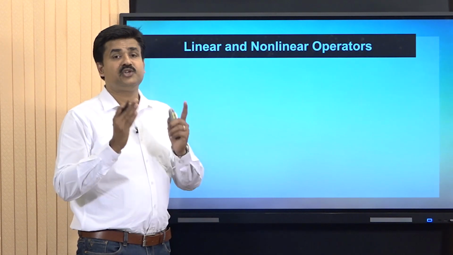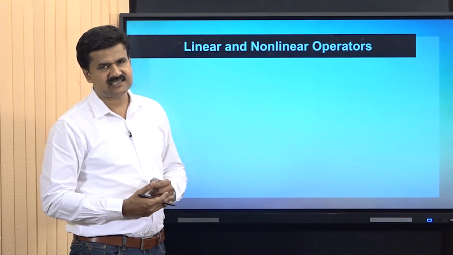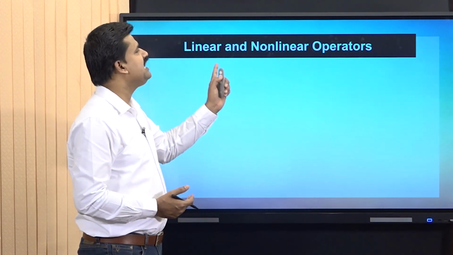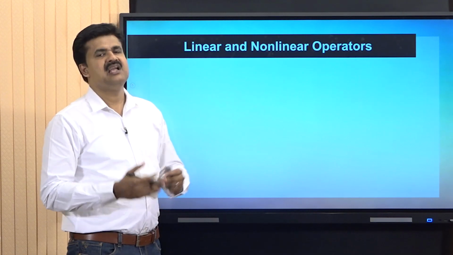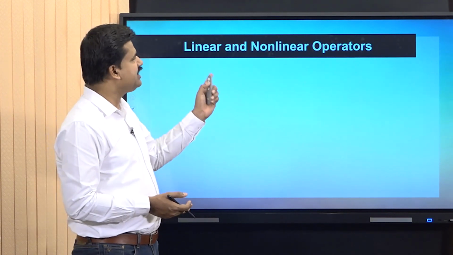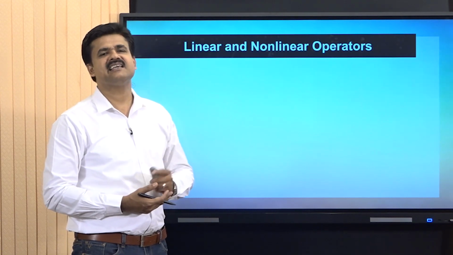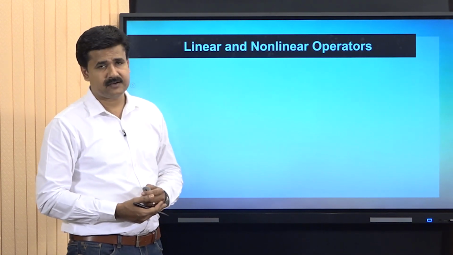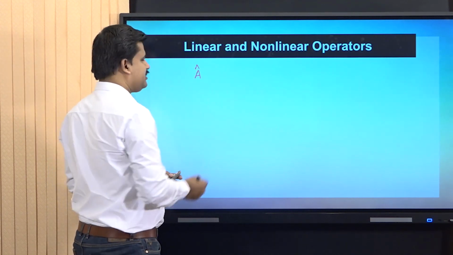Now, two important kinds of operators in quantum mechanics are the linear operator and the non-linear operator. We can differentiate a linear operator and a non-linear operator by checking a mathematical condition. Let A hat be an operator.